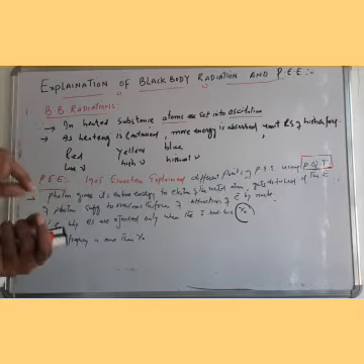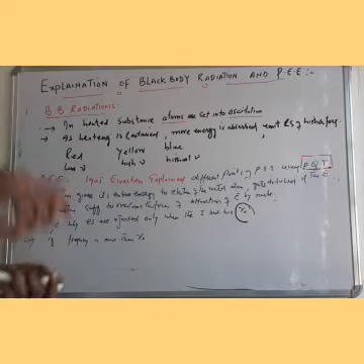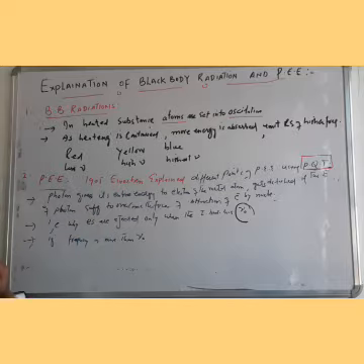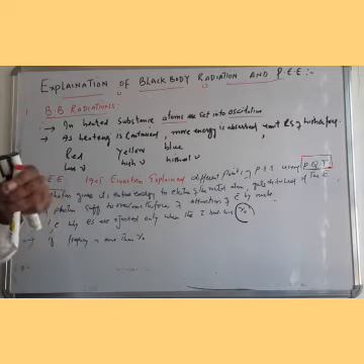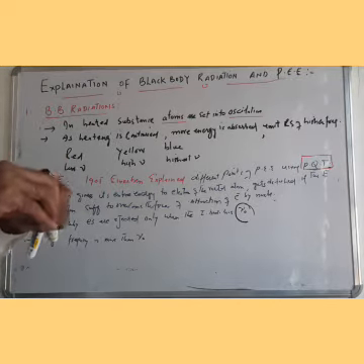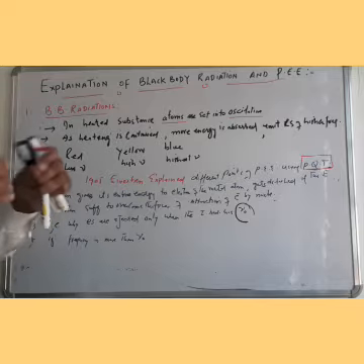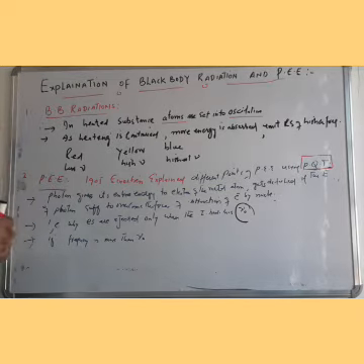So the photon gives its entire energy to the electron of the metal atom.